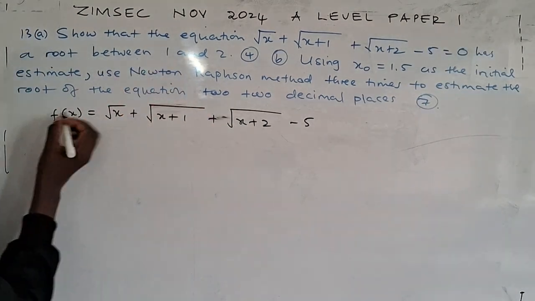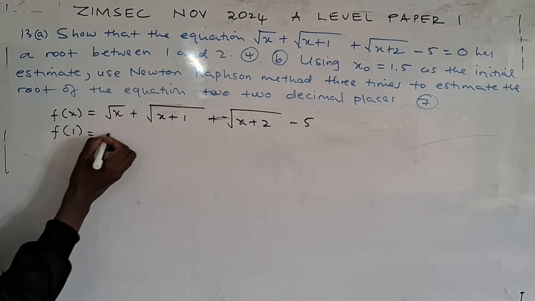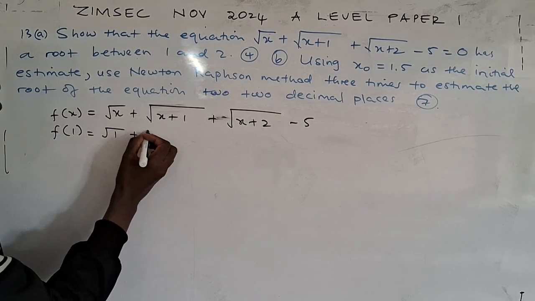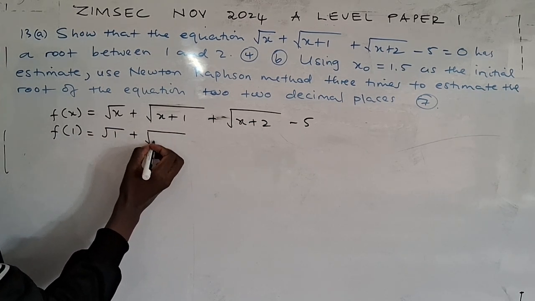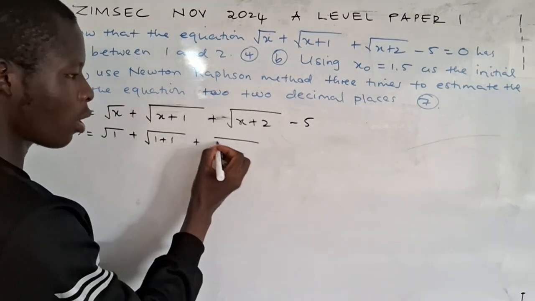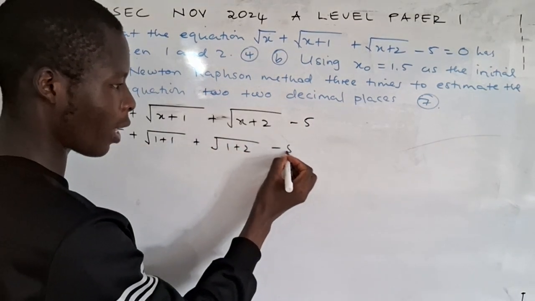So you are supposed to calculate f of 1. f of 1 is equal to square root of 1 plus square root of 1 plus 1 plus the square root of 1 plus 2 minus 5.